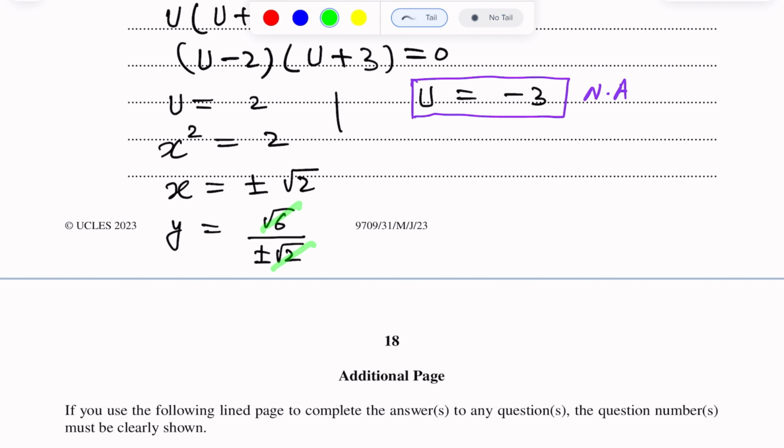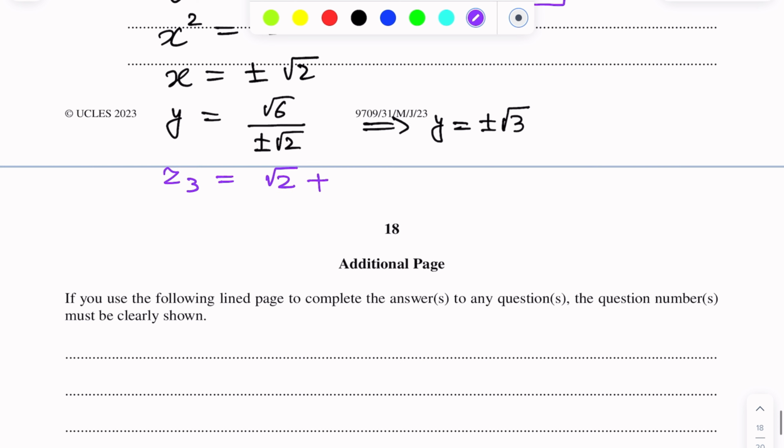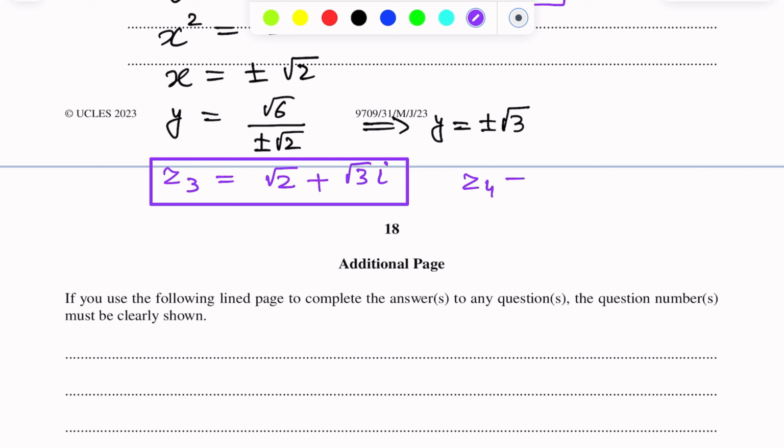Z3, the third complex number, will be, putting the value of x and y here, under root 2 plus under root 3 iota, and Z4 will be minus under root 2 minus under root 3 iota.